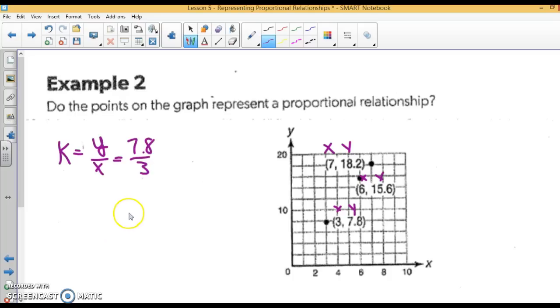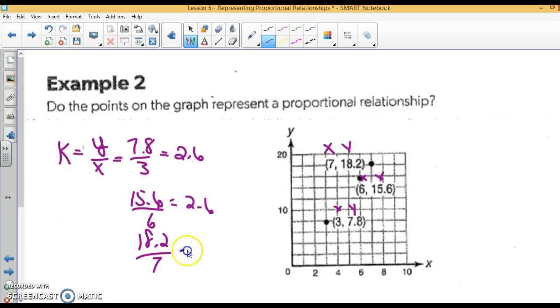Is that the same as 15.6 over 6? Is that the same as 18.2 divided by 7? If you divide these, you will get 2.6 for every one of them. Just use a calculator. So is it proportional? Yes. And if we connected these by a straight line, it would be a straight line through the origin.